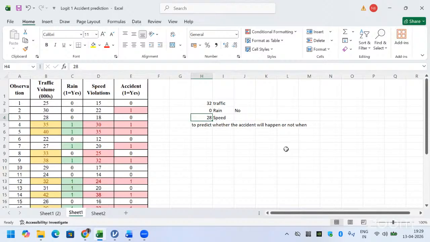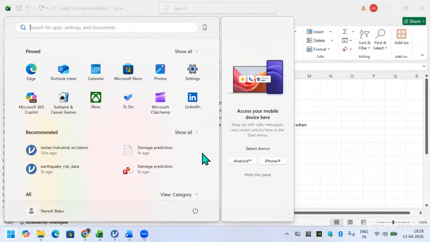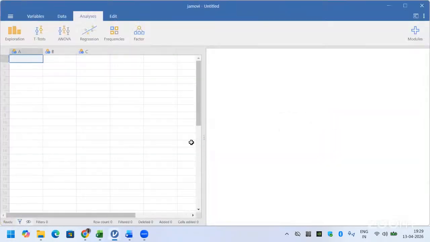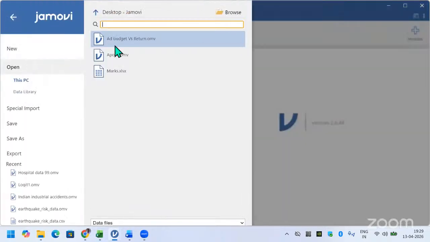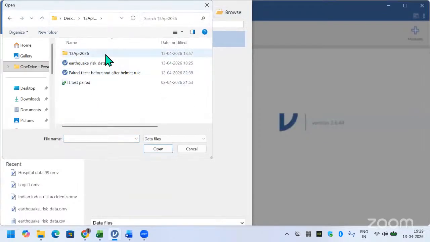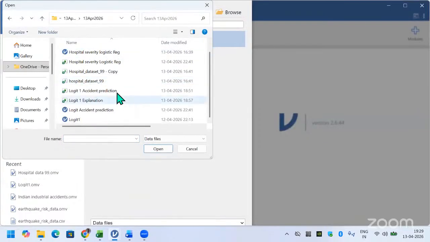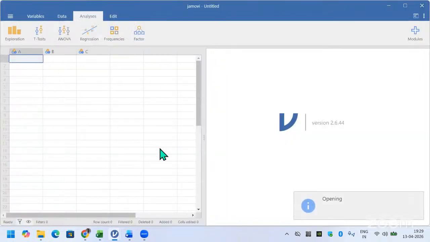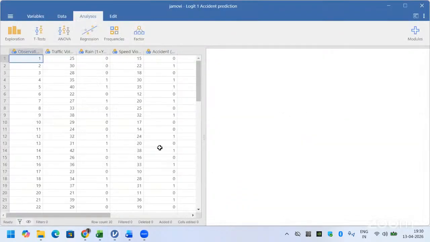Yes. Okay. So now I'm just trying to open my Jamovi to take this data set. I hope you understood the data set. I'm taking the 13th April logistic accident prediction data.